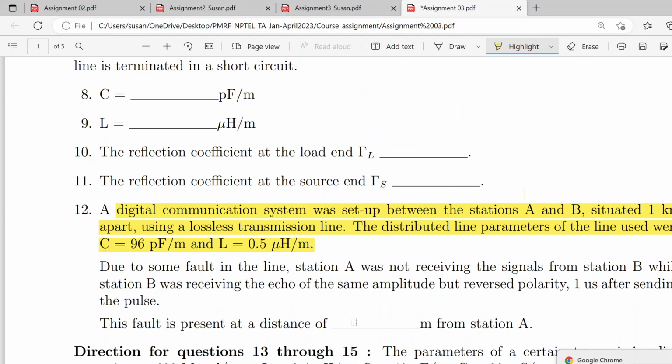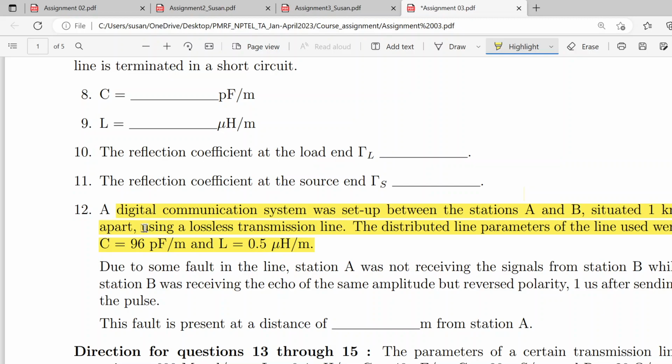So hello everyone. We'll discuss this question number 12, which is being highlighted here. That is, a digital communication system was set up between the stations A and B, situated 1 kilometer apart, using a lossless transmission line.